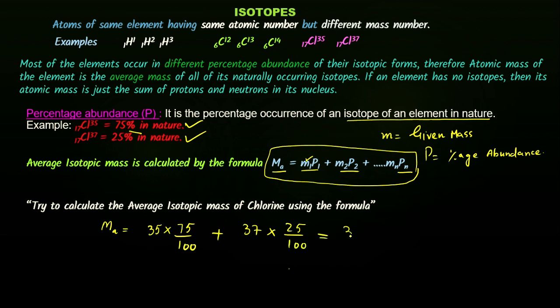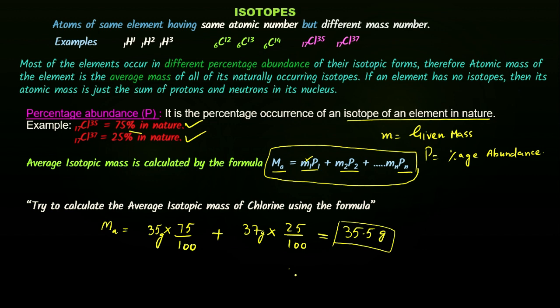Solve this, it will come out to be 35.5 grams if you are using 35 grams and 37 grams. If you are using 35 units of atomic mass units, then the end result will also be in the same unit, amu. Okay, great.